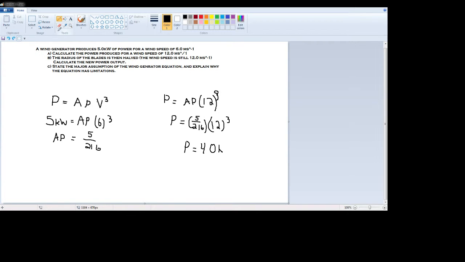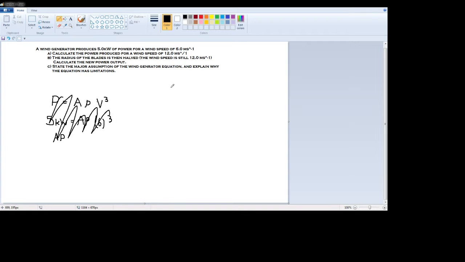Now, part B is pretty simple. Given that our previous answer was 40 kilowatts, and that A and rho are constant, we can rewrite this equation given the new parameters, which is that the radius of the blades is then halved.